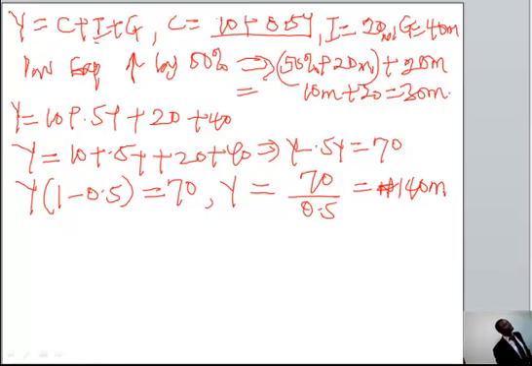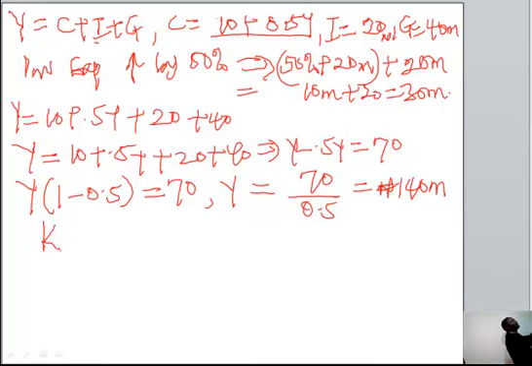Now the next thing to do, since we have gotten our equilibrium income, is to find our investment when it is increased by 50%. Then after that, we get our multiplier.